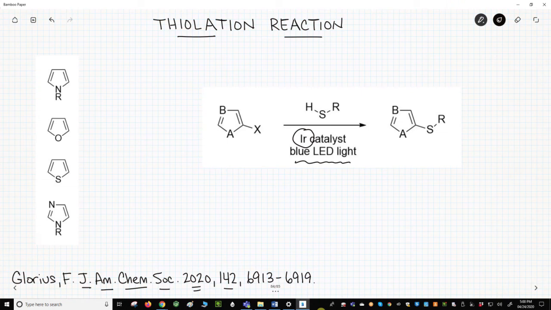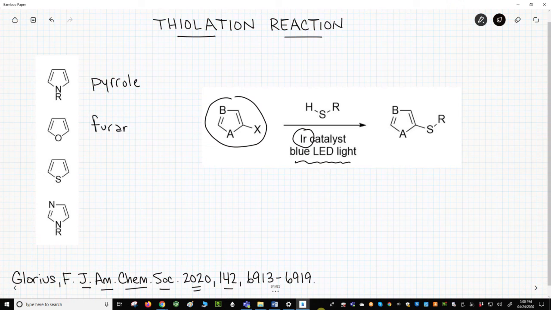Fourth and final idea, the aromatic ring is limited to 5-membered pi-excessive rings like pyrrole, furan, thiophene, and imidazole.